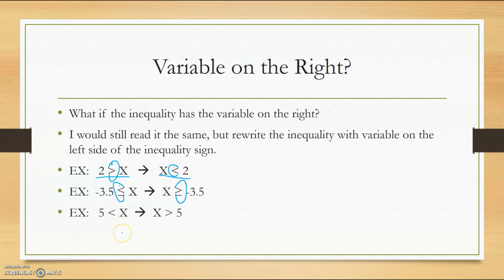All right, and our last example, 5 is less than x. So if I rewrite that, I could also say x is bigger than 5, okay? So again, you can still draw your little Pac-Man. Whoa, that's a messed up Pac-Man, that's okay. And you'll see that he still wants to eat x, okay?